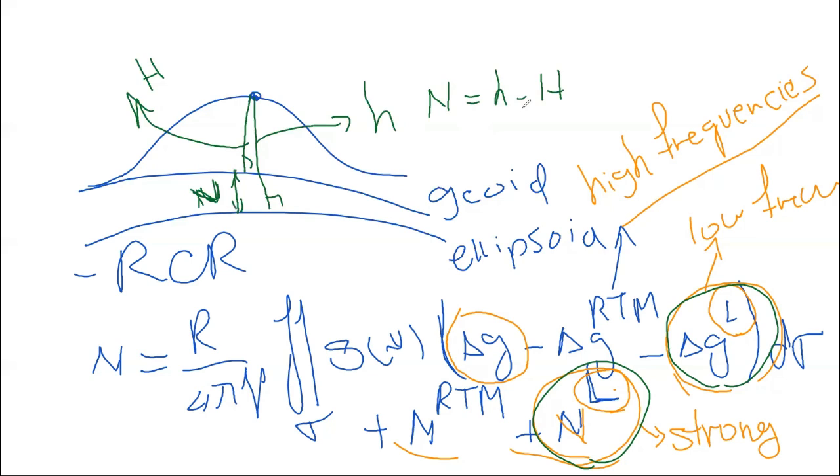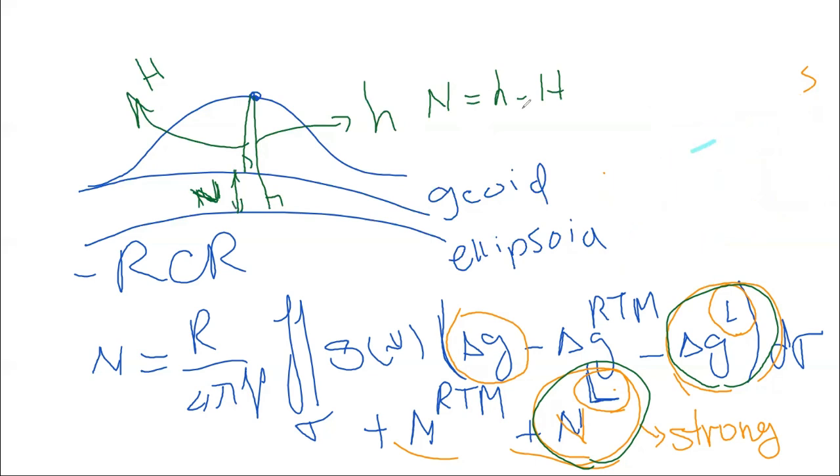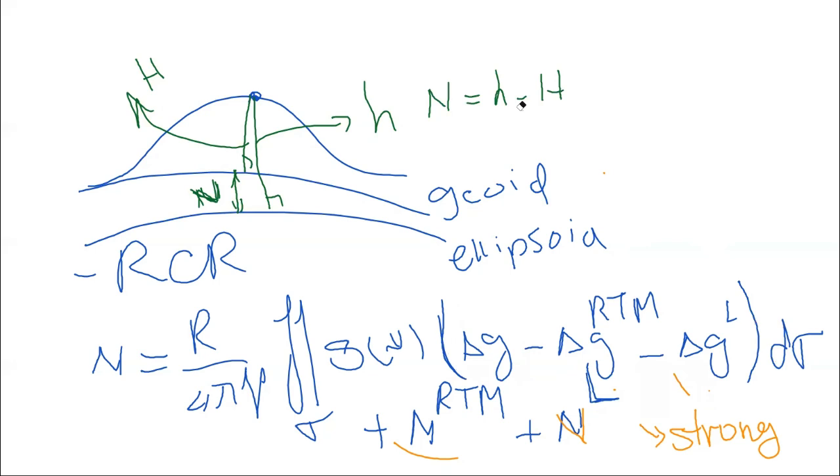So how do they determine the best long wavelength? The best values for that, the maximum degree of that. The simple way is to do trial and error. They will select a gravity model and perform this remove-restore method, so I come to the geoid at the end.